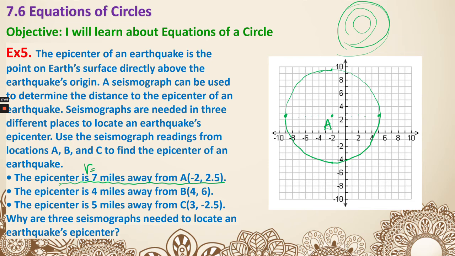That's A. Next, B. B is at 4, 6, right here. And the radius is 4. So 1, 2, 3, 4 in each direction. So that's my circle right there.